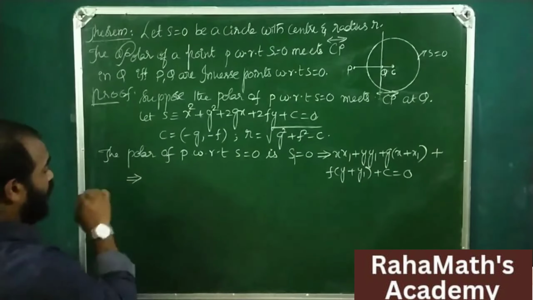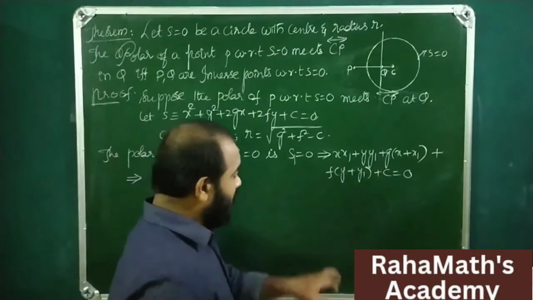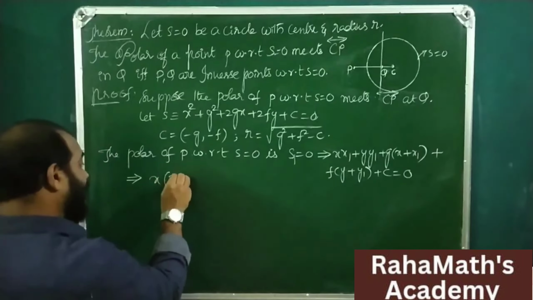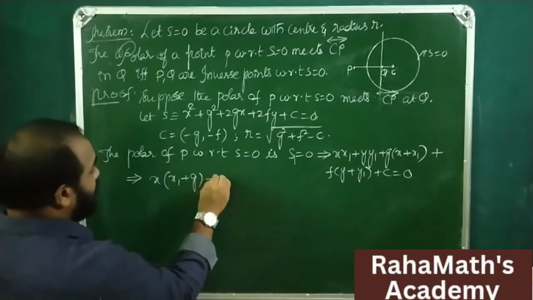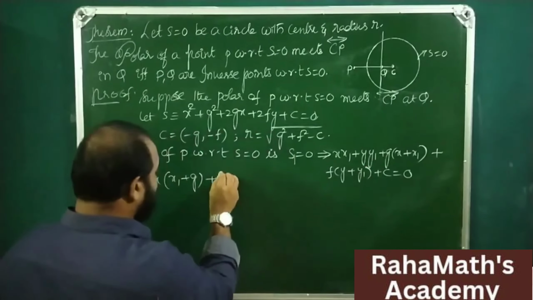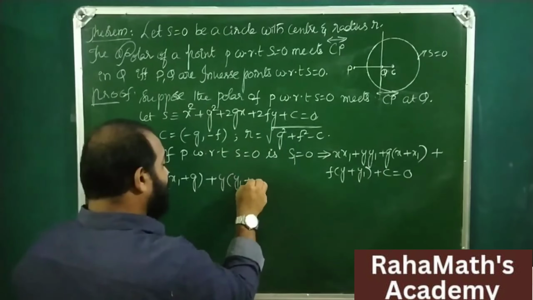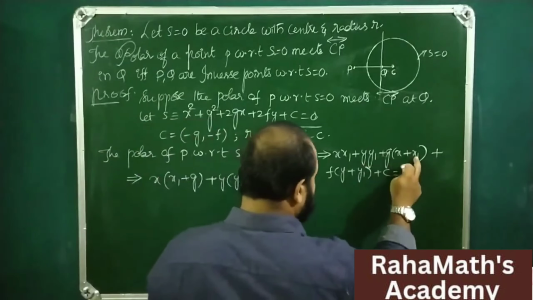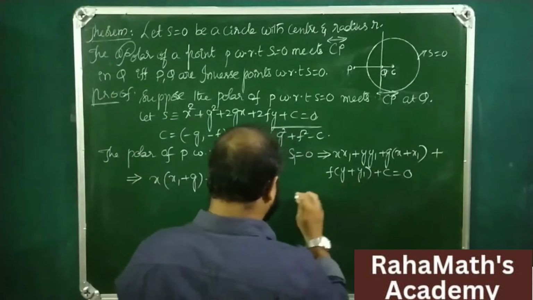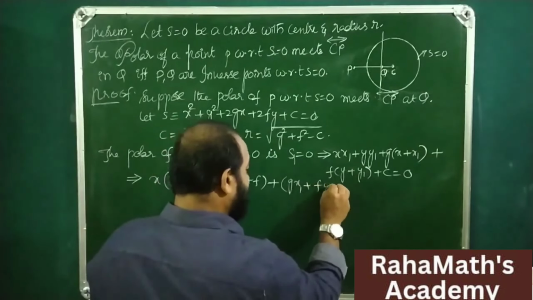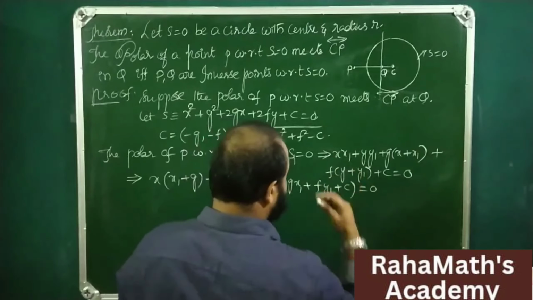So if you put it in order, x x1 plus gx, take x in common: x into (x1 plus g), plus y into (y1 plus f), plus what is remained? g x1 plus f y1 plus c equals to 0.